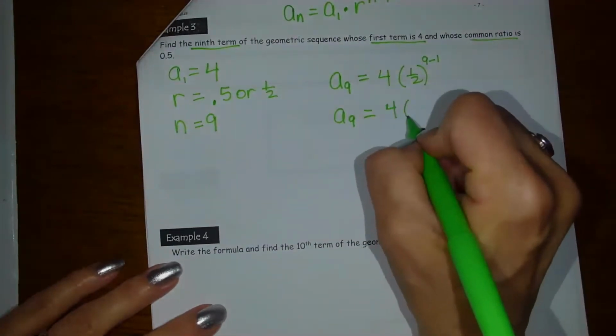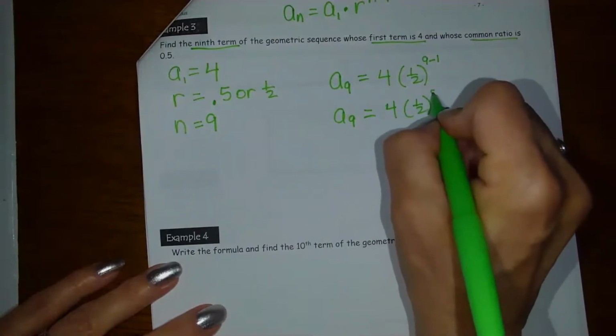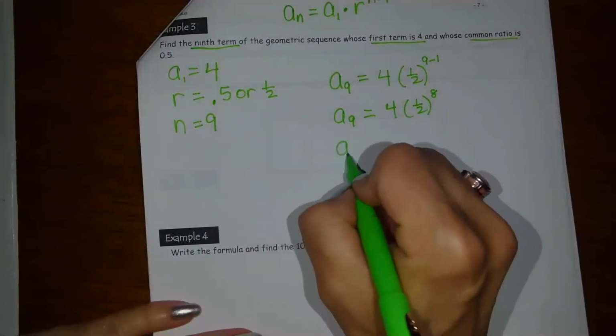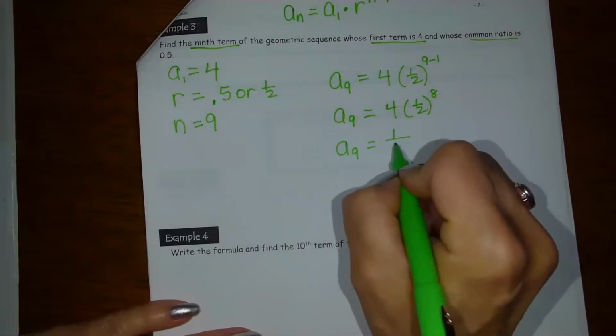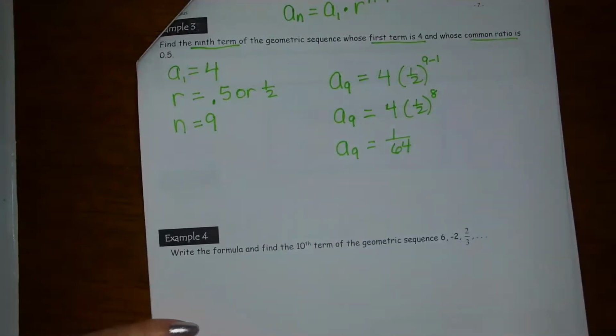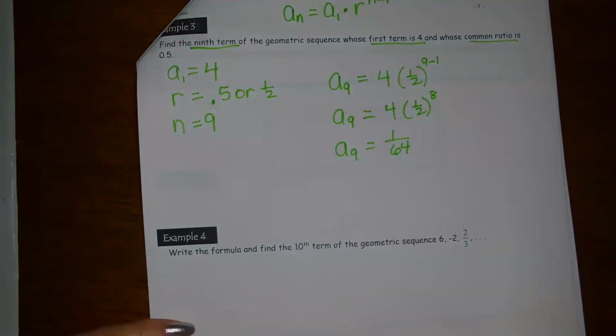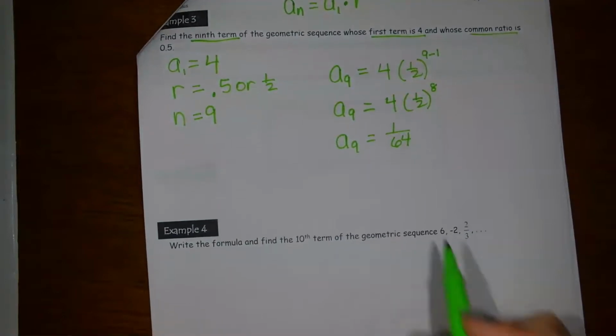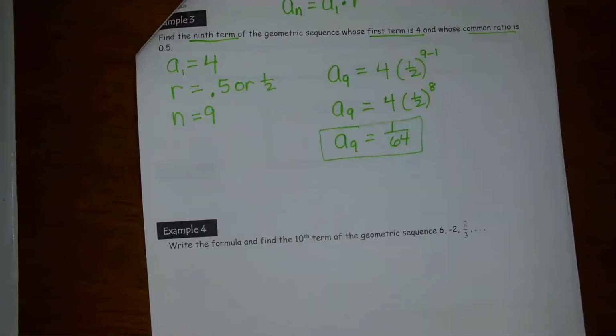It's basically 4 times 1/2 to the 8th. So 1/64. It's 2 to the 6th, right, on the bottom. So there we go. Is that okay? We got it?